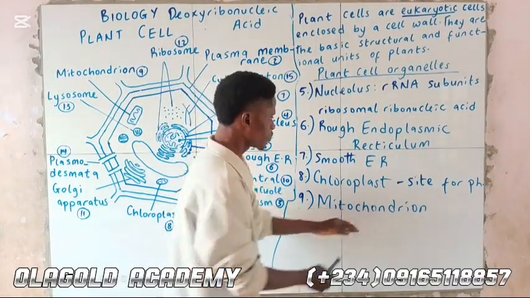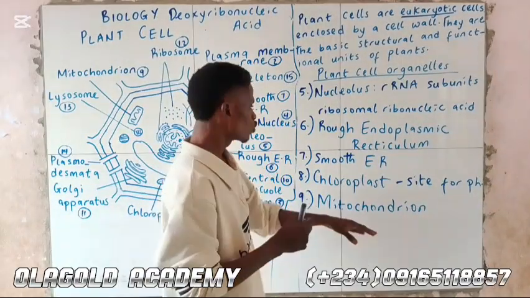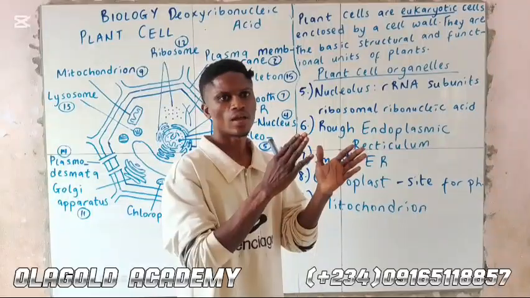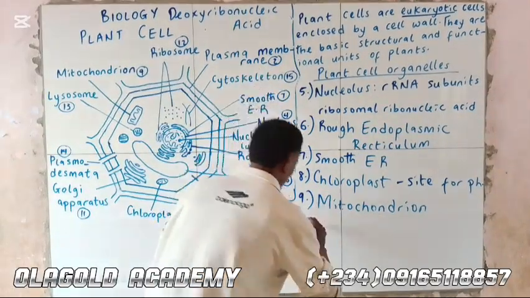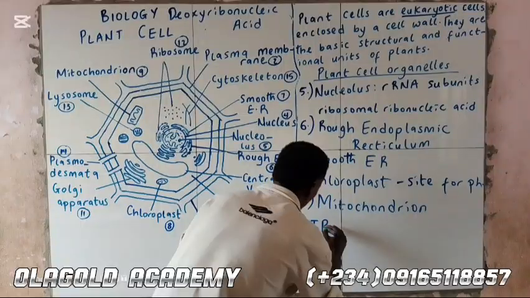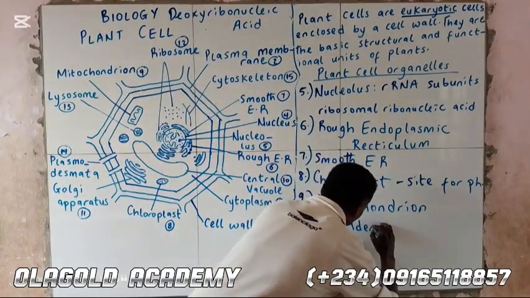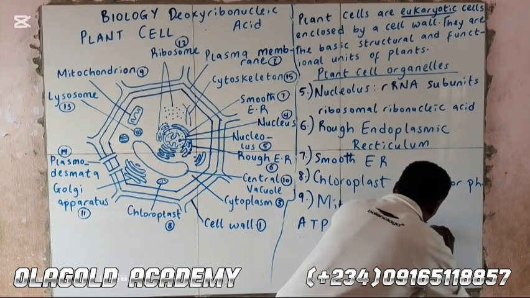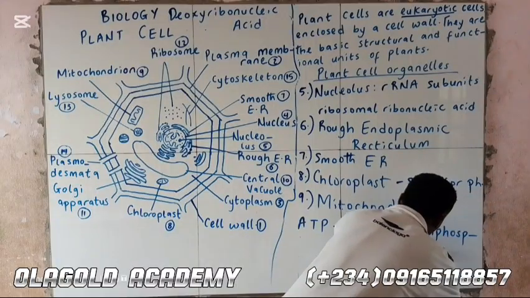So this mitochondrion is what helps to break down the glucose into energy, which is the ATP. And the full meaning of ATP is adenosine triphosphate.